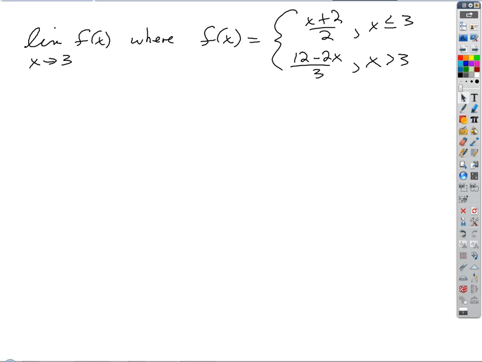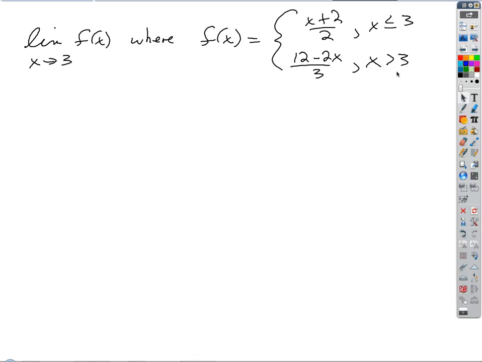What does this mean when I write a function this way? What do I call that? Piecewise function. So it's defined in pieces. This is the piece that defines the function on this domain, and this is the piece that defines the function on this domain, right?